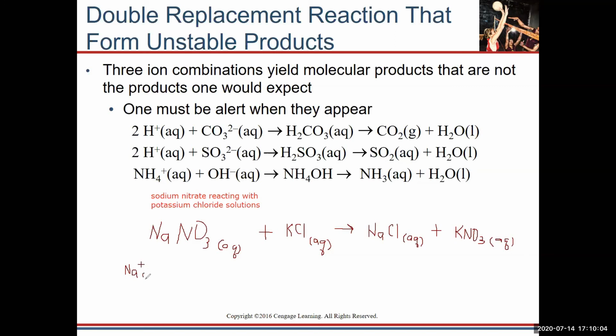Na plus, plus the NO3 negative, aqueous, plus the potassium plus, aqueous, plus the Cl minus, aqueous.